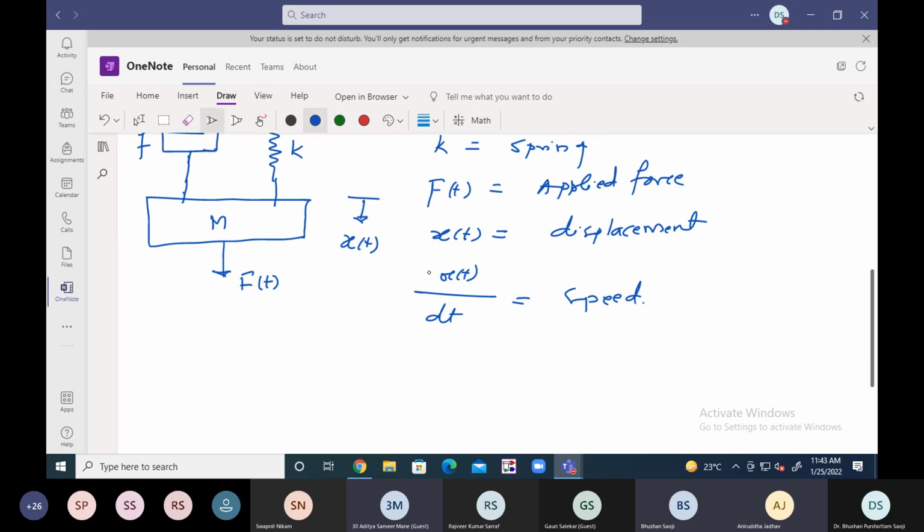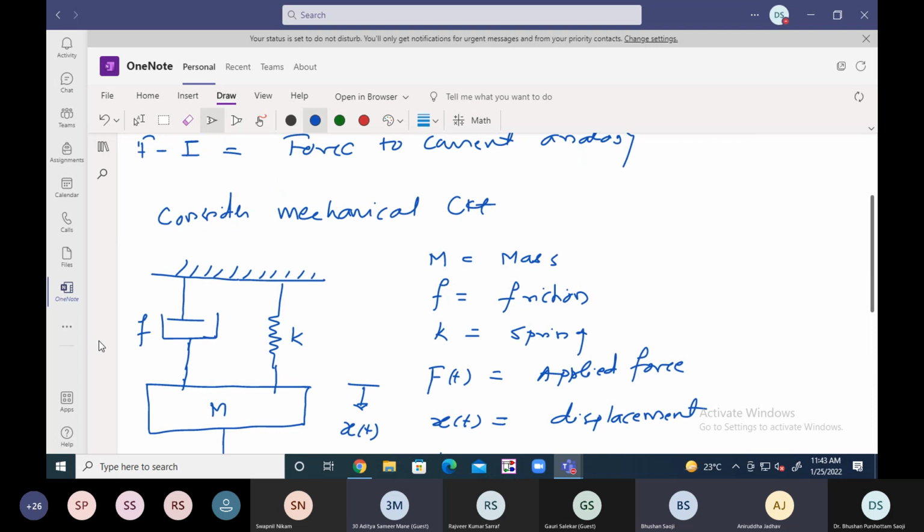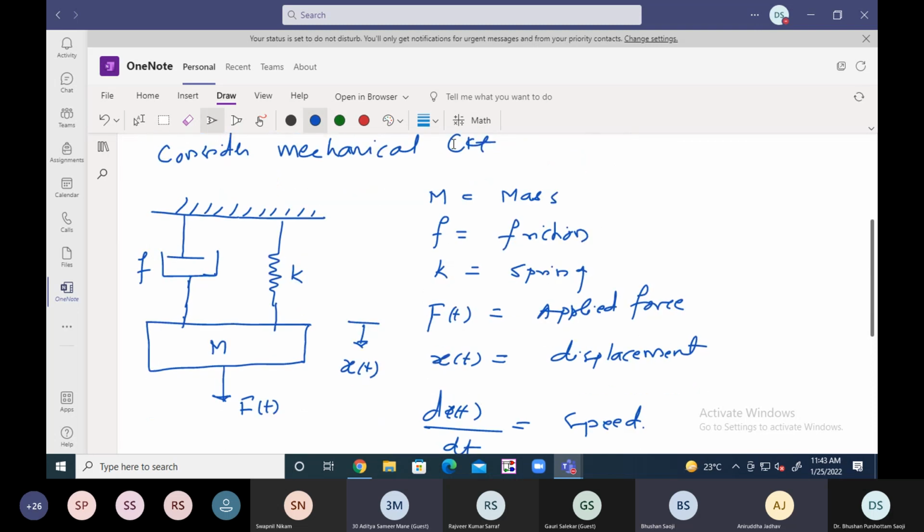Dxt by dt, this is the speed. Now see here, these are the component descriptions. In this given mechanical circuit, M is mass, F is friction.